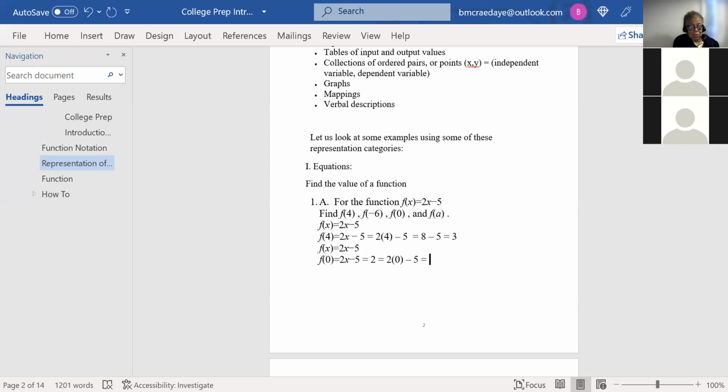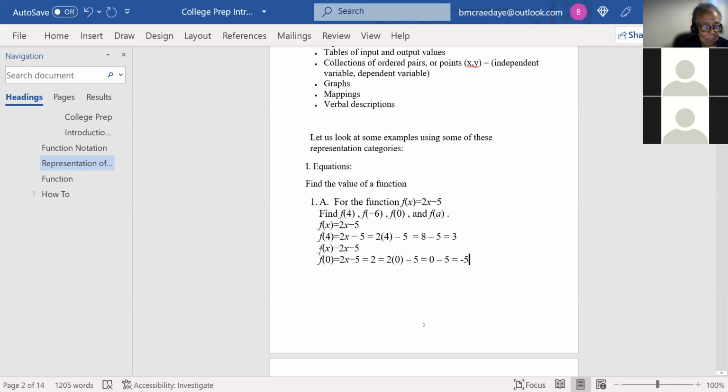What's 2 times 0? 0. That's right. What's 0 minus 5? 5. Plus or minus? Plus. No, 0 minus 5 is a minus 5. You don't have a plus here. See, that's 0 minus 5, and that would be equal to minus 5.